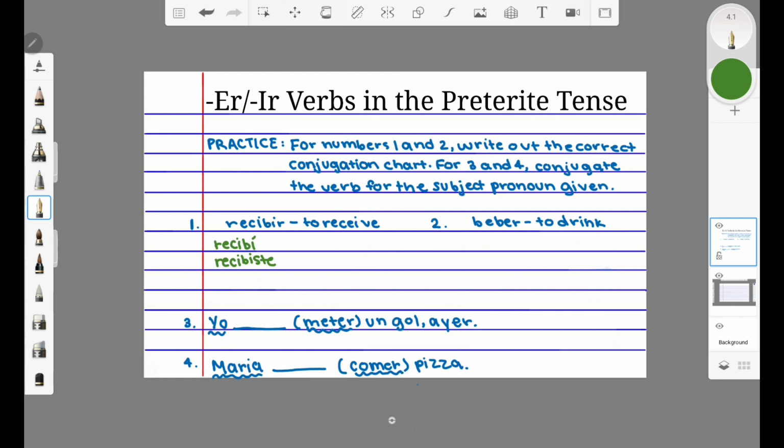Again, all conjugating is still the same process. There's just different conjugation charts for different tenses and different subject pronouns. So the way I still do it is to take out the IR and then add in my correct ending. But the endings themselves are different. Otherwise, there would be no differentiation.